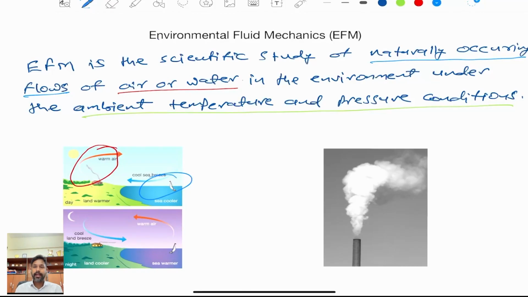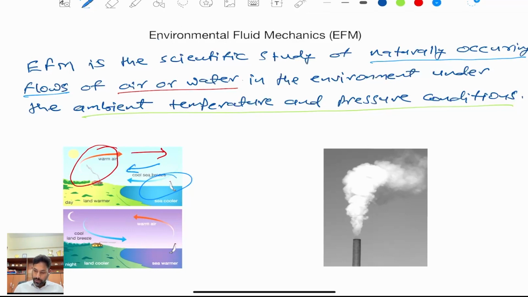Why? Because land gets heated up much more quickly compared to the water body, right? So during daytime, the hot air flows to the right at the upper layer, and the cold air flows to the left at the lower layer, right? And that is how circulation happens.